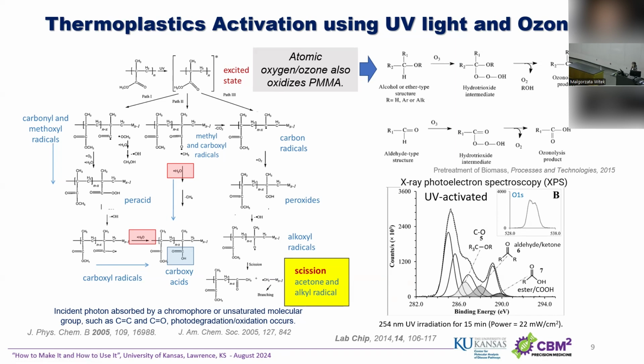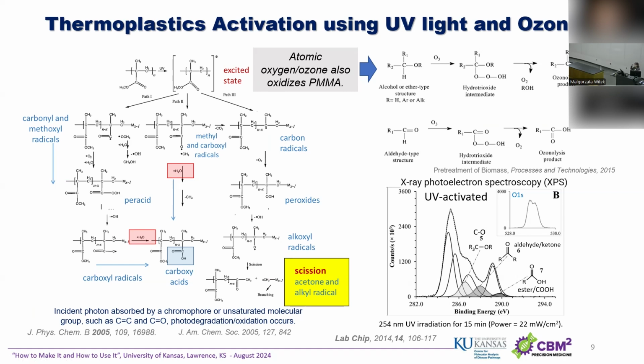The best way to evaluate the composition or how that composition changes is using X-ray photoelectron spectroscopy. This will give you the really intricate information about the composition of those different functionalities, whether you have more aldehydes or ketones, whether the esters are the dominating functional type of groups.